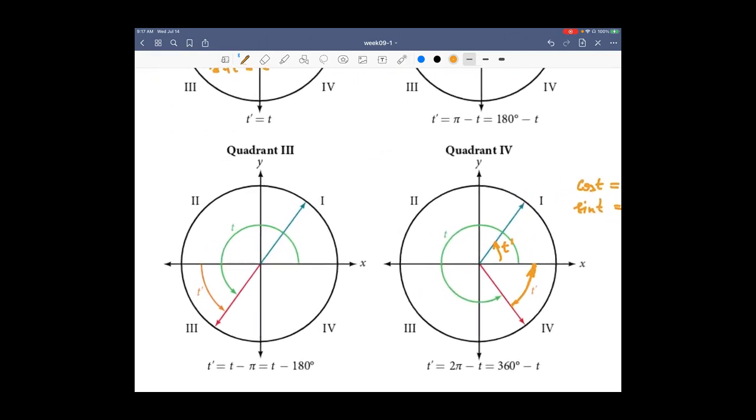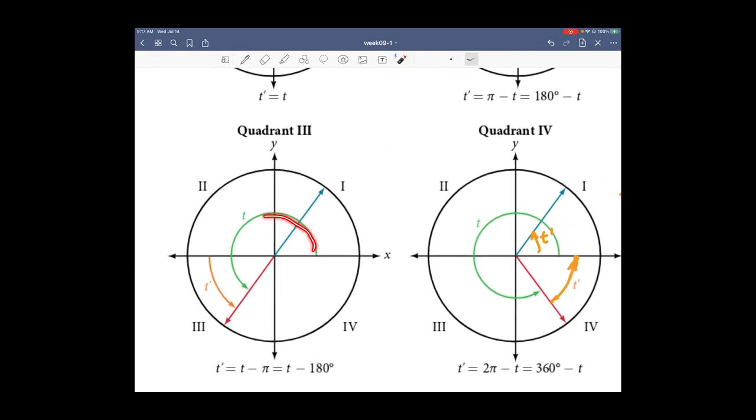If you are in quadrant 3, let's do this analysis in greater detail because we didn't do this case yet. Well, this is the reference angle, and I claim that this also is reference angle t prime. Why is that? Well, we have our angle t. This is the terminal side.